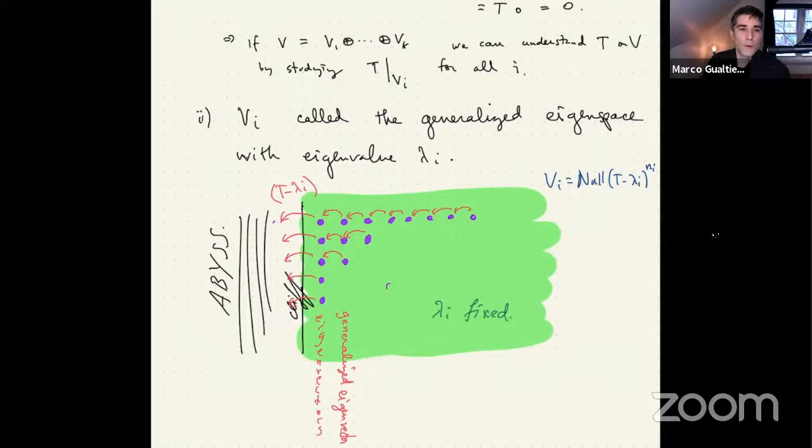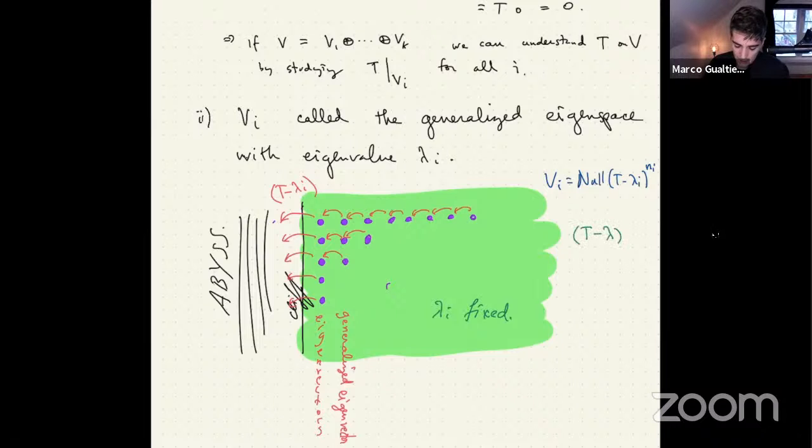What the Jordan canonical form is telling us is closely related to this. Because I have the null space of (T minus lambda I) to the ni, for example, if I count the length of the longest chain, 1, 2, 3, 4, 5, 6, 7, 8, this means that for this example, (T minus lambda) to the 8 kills all of them. So there are some eigenvectors, but then there are some vectors behind them, which are generalized eigenvectors. All of these are generalized eigenvectors.